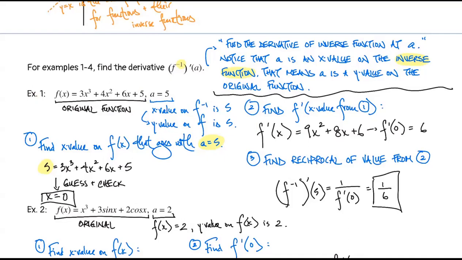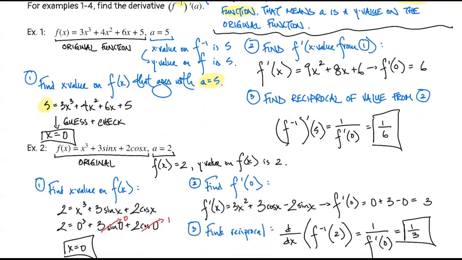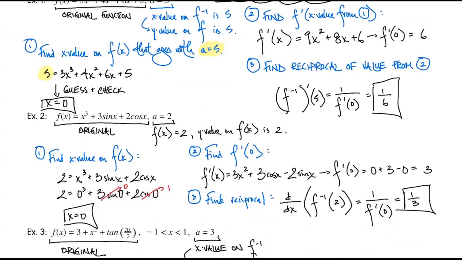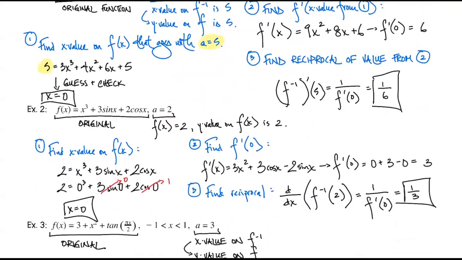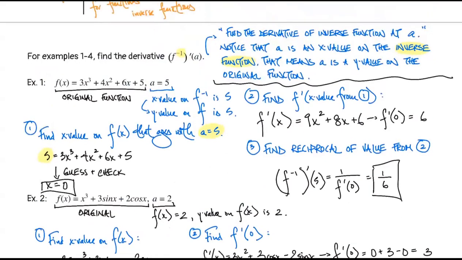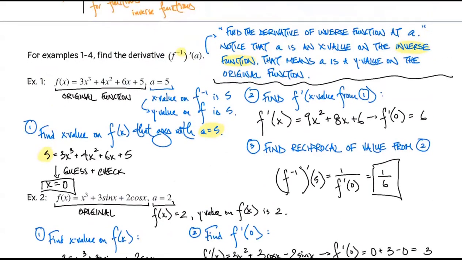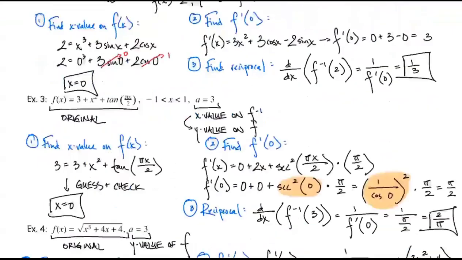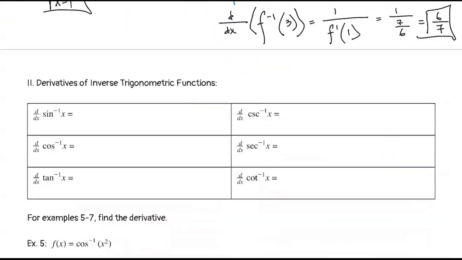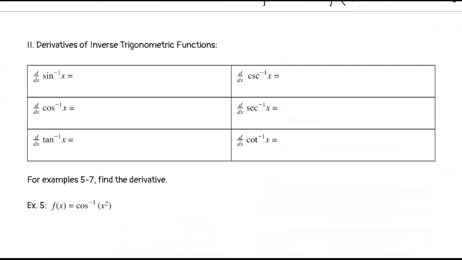All right, so this we'll see in this class. If you take something called advanced calculus at some point, you will see this again, but in a much more abstract way, okay? What we're gonna do next though, in this next part of class, is we're gonna take a look at derivatives of inverse trig.